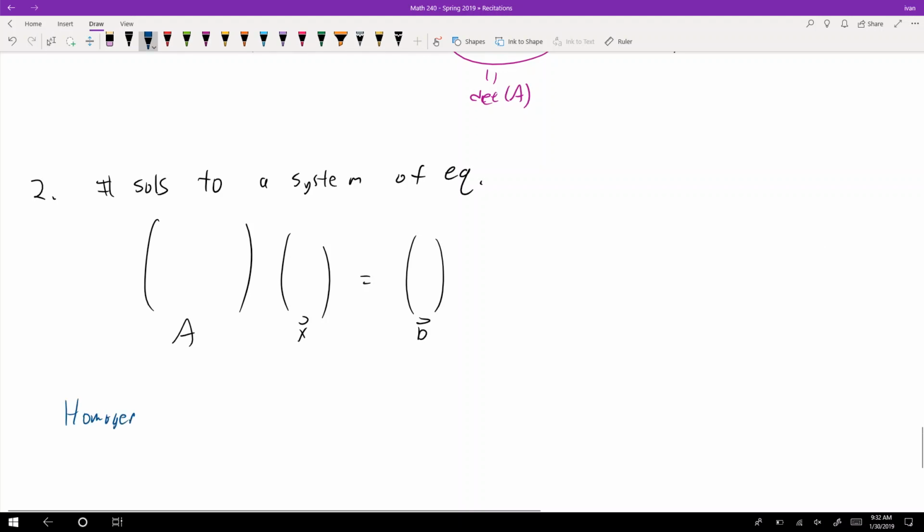There's the homogeneous system, where essentially the right-hand side is 0, so your B vector is the 0 vector.